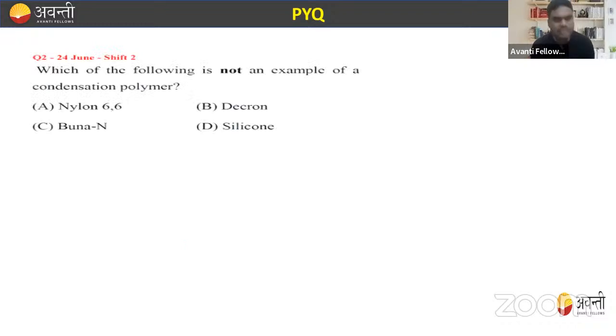Okay. Now, which of the following is not an example of condensation polymer? So what is a condensation polymer, beta?